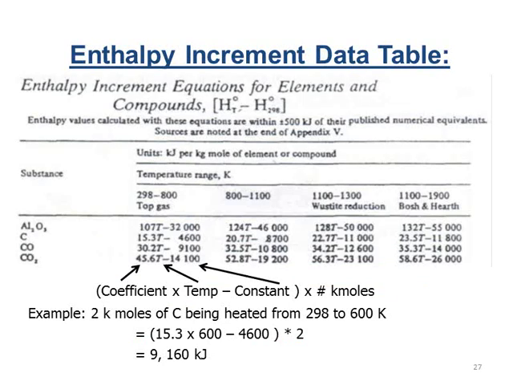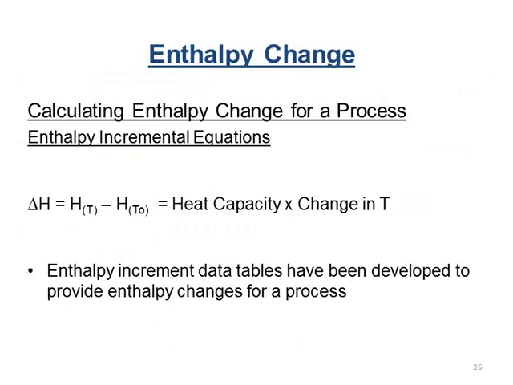And it usually is a linear formula as a function of temperature. So the enthalpy increment change equation would be, for example, for carbon monoxide, 30.2 times the temperature minus 9100. To develop these tables for the enthalpy increment on page 33 is where heat capacities come into play.